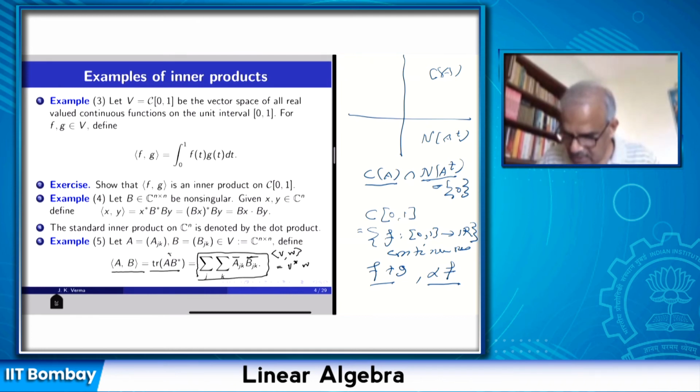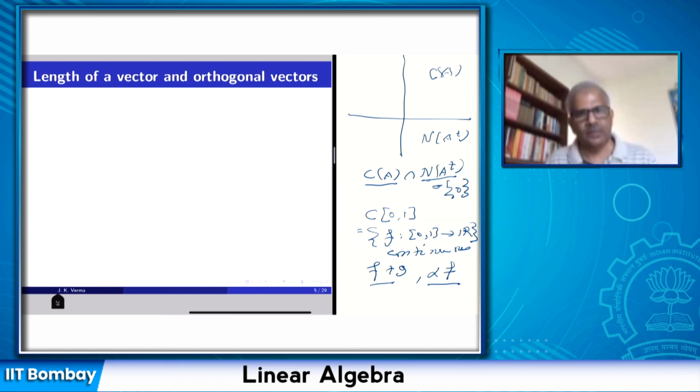So this will be A star of B. So take the trace of A star B, that is the inner product of two matrices. And with this, the space of square matrices becomes an inner product space.